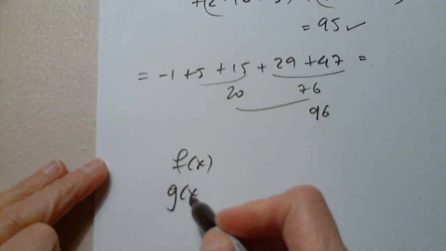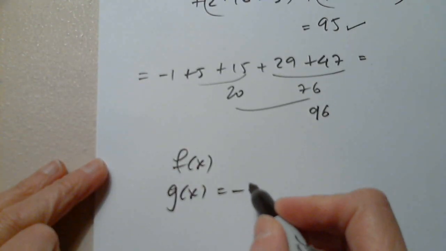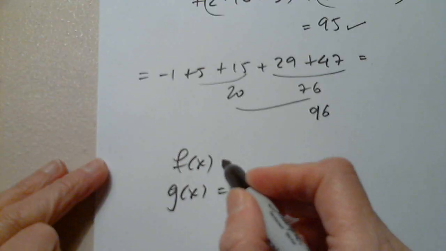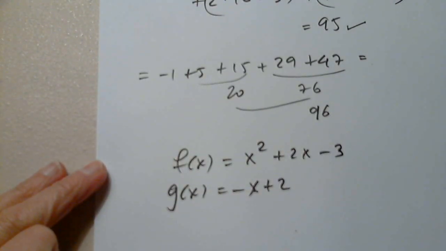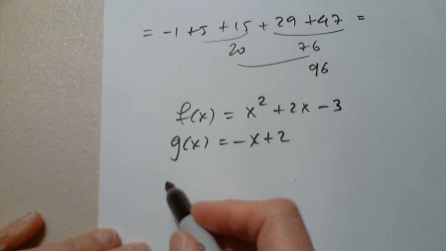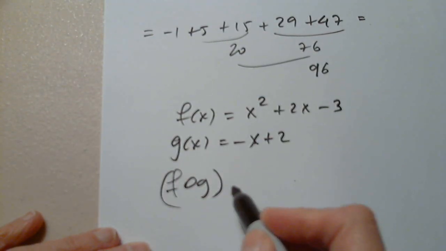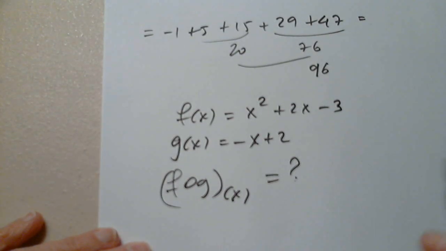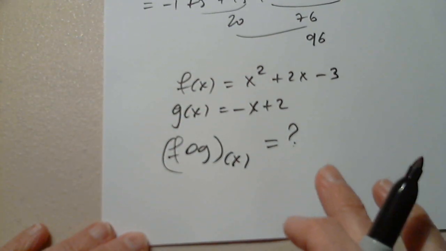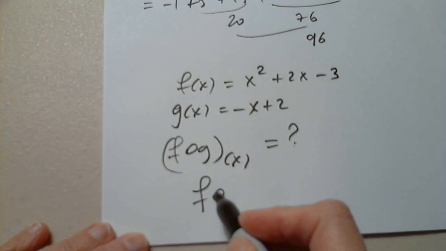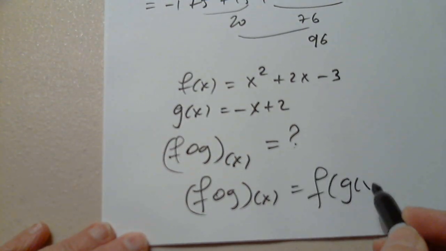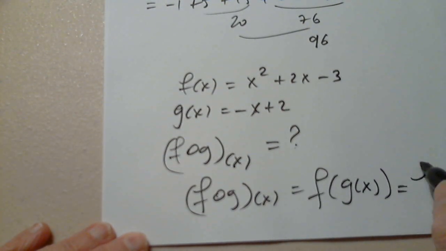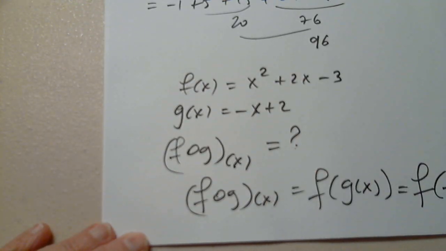Okay. So let's say f of x is negative x plus 2, and g of x is x squared plus 2x minus 3. And let's say we want to find f comp g of x. If I'm asked to find f comp g of x, first I have to write that f comp g of x is f of g of x. Then I have to write that it's f of negative x plus 2.